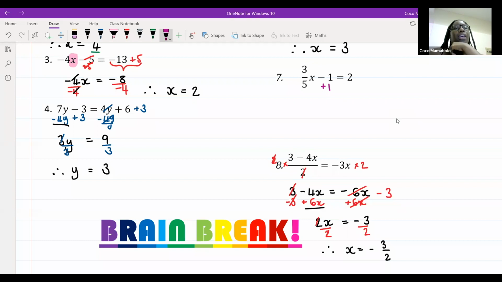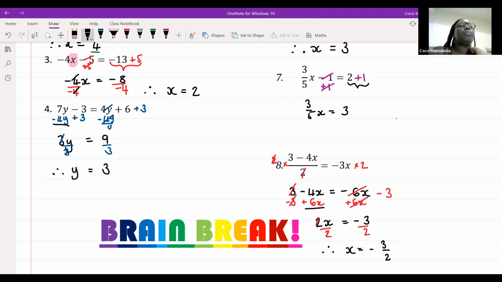Okay. And then if I add 1 on this side, I'm going to add 1 on this side. Negative 1 plus 1 will cancel. And I will have 3 over 5x is equal to 2 plus 1, which will give me 3. All right.